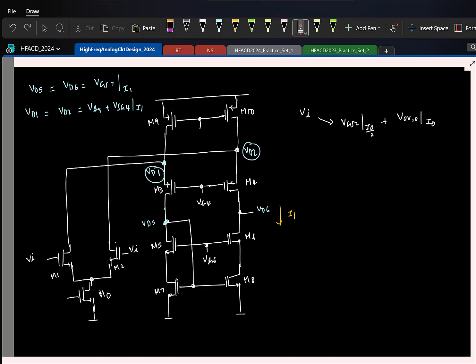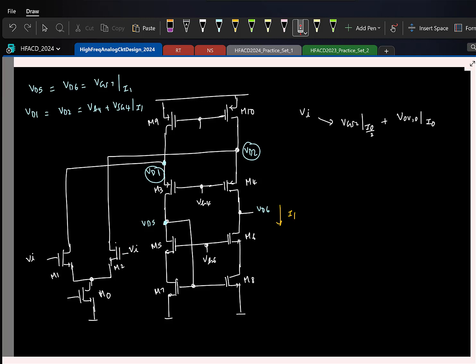Now similarly, if I keep increasing Vi, which transistor can have issues? Why? Remember the drain voltage here is fixed. As long as we apply the same gate voltage, the currents are going to get divided equally.